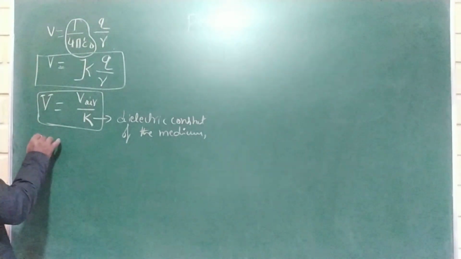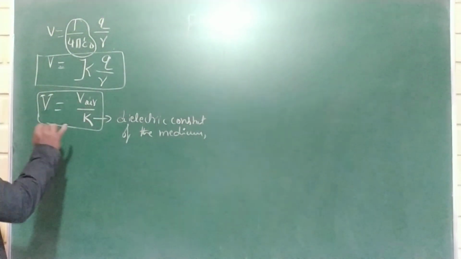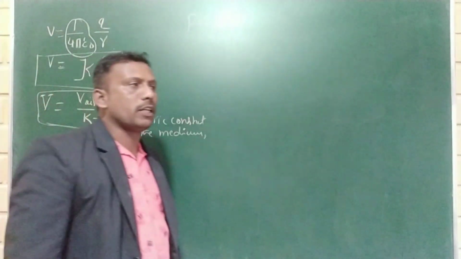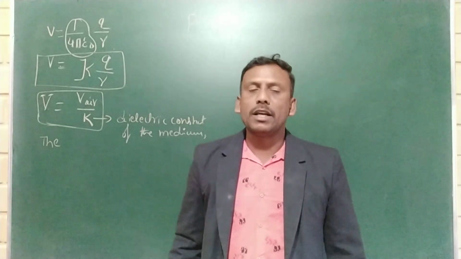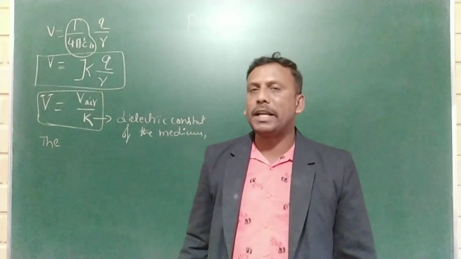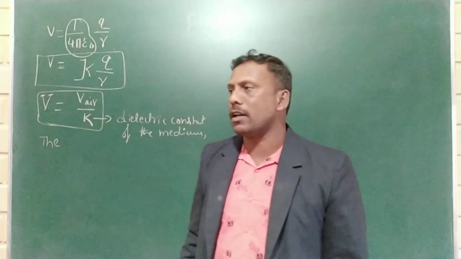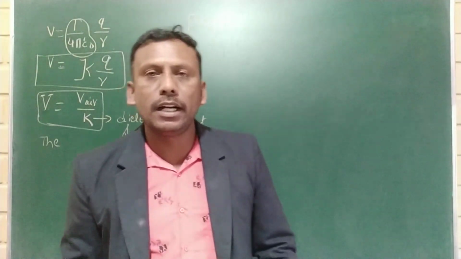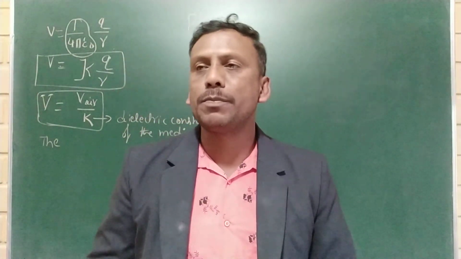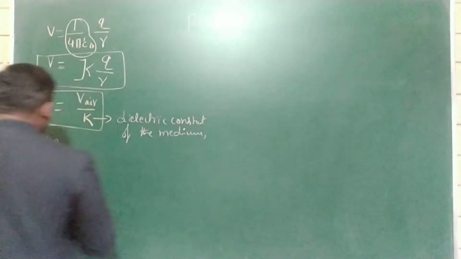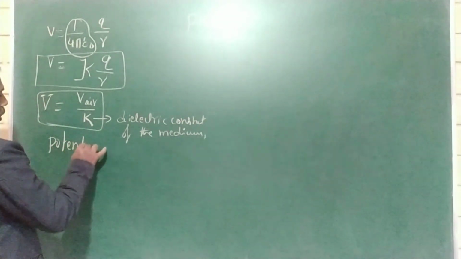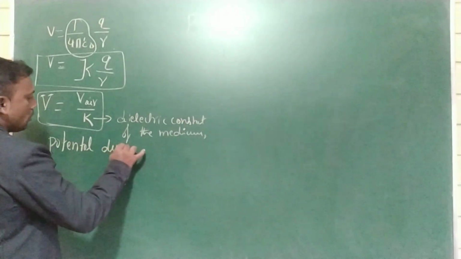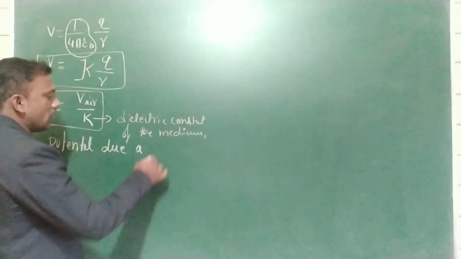Next, the electrostatic potential due to a sphere or spherical body, a spherical conductor: inside, outside and on the surface of the sphere.